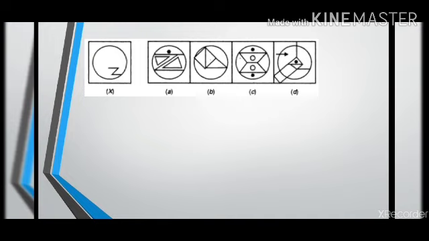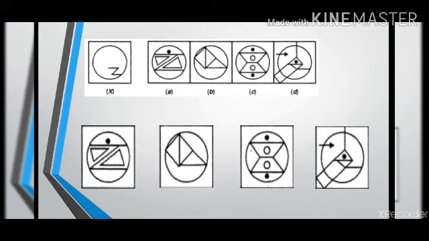Now in this figure, as you can see, the main figure X has a circle and a small Z-like figure embedded inside it. Now in all the options you can see you have a circle. Therefore I'm not looking for a circle. What is the distinguishing figure here? This Z-like figure. The first thing I look for is a horizontal line attached to the circle.